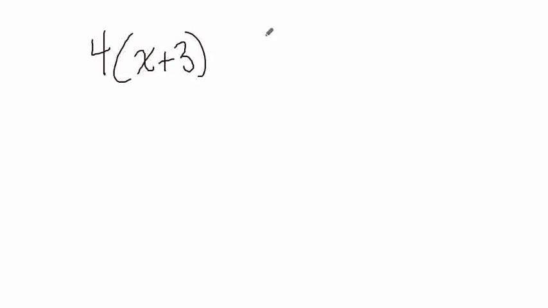I can rewrite this. This is equal to 4x plus 12. Hopefully you remember that you take that quantity on the outside, and you simply multiply by everything inside. So 4 times the first blob there, the x, and then 4 times 3, which gives 12. So that is distribution.